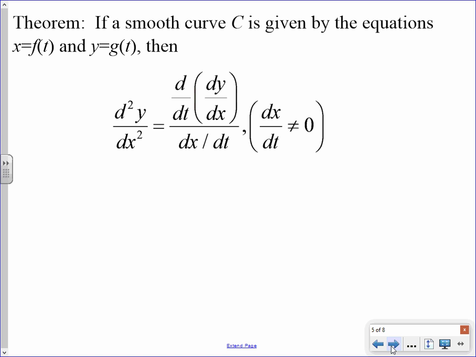Just write it down so that you have the notation in front of you. Yeah, quotient rule will come in.